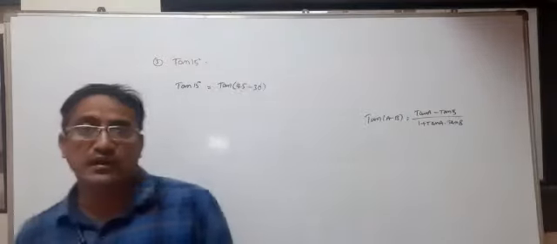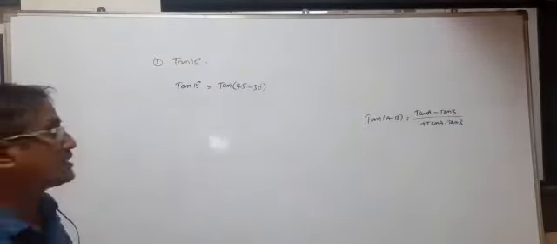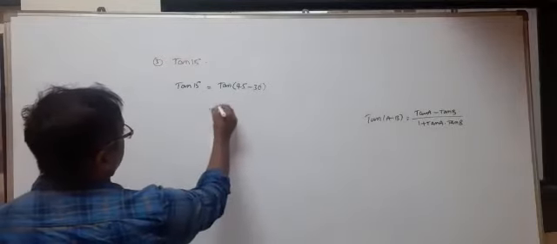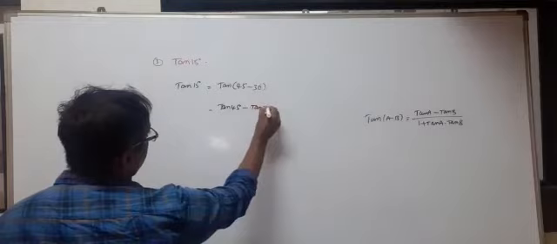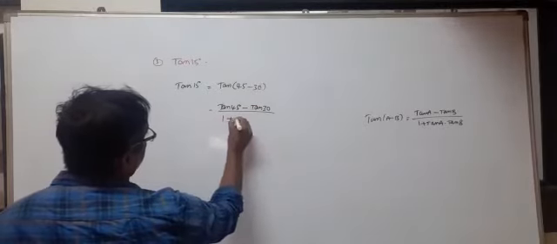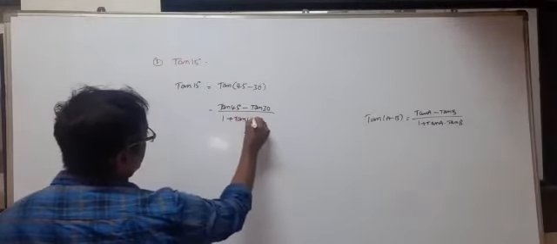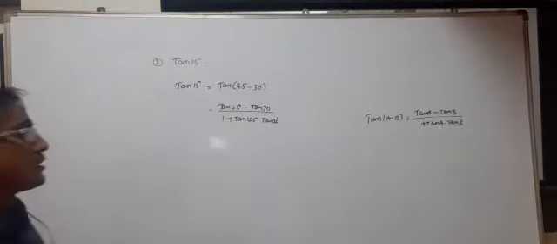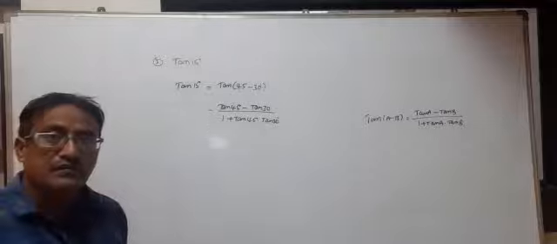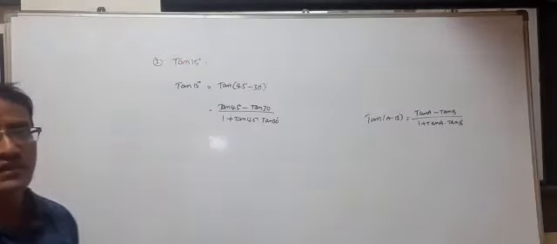So tan 45 minus 30. Let us apply that formula. So that will be tan 45 minus tan 30 by 1 plus tan 45 into tan 30, or you can use sin 15 by cos 15.